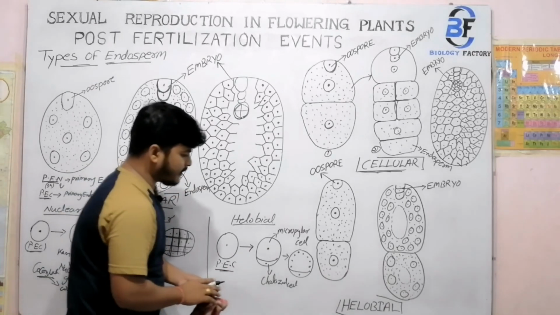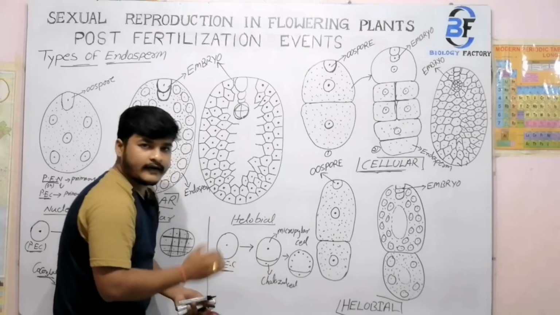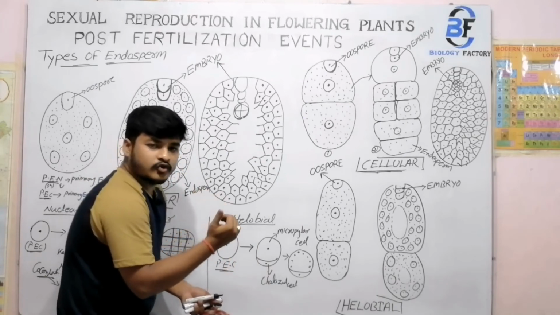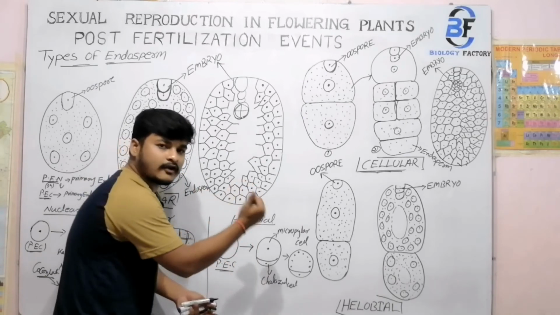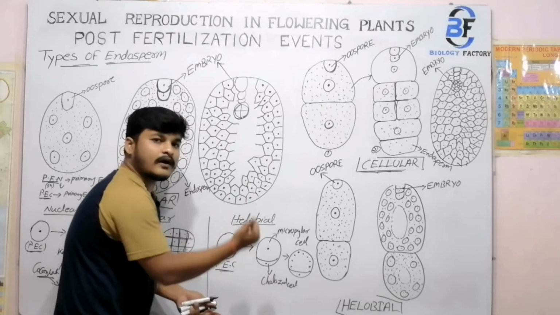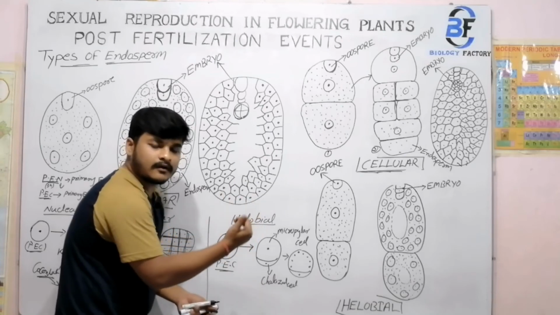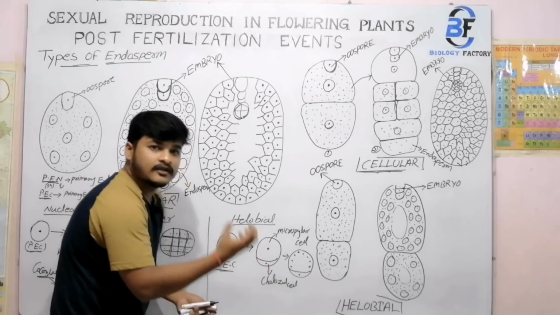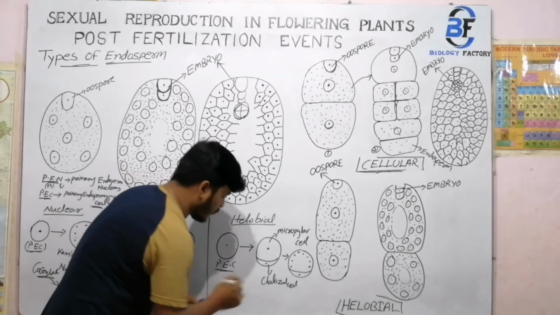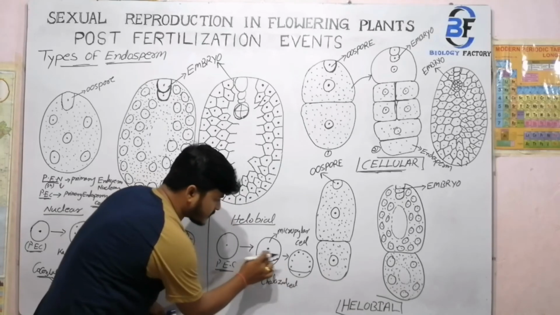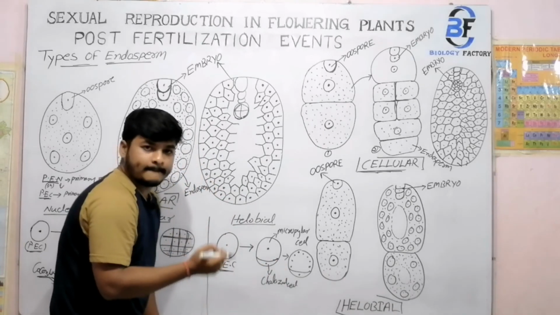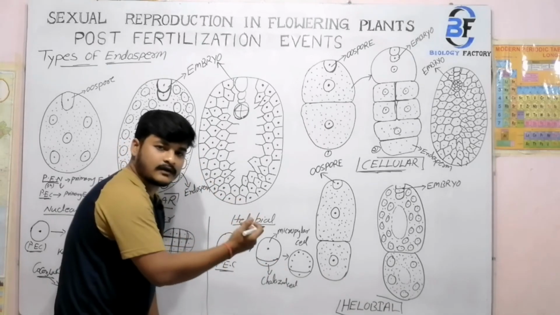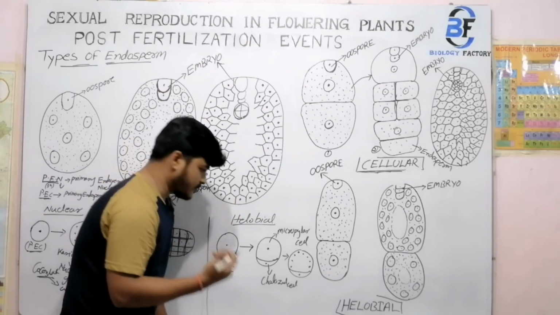Next to the primary endosperm cell, it is going to divide, but the part towards the micropylar end is a little bit bigger, and the part towards the chalazal end is a little bit smaller. So it is divided, but not divided equally. One part is the bigger part and one part is the smaller part.